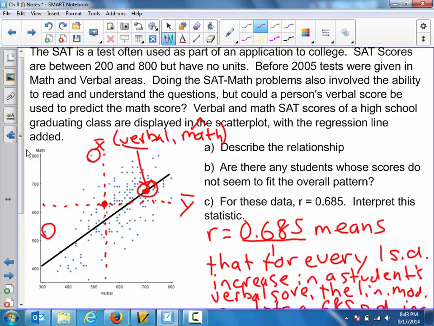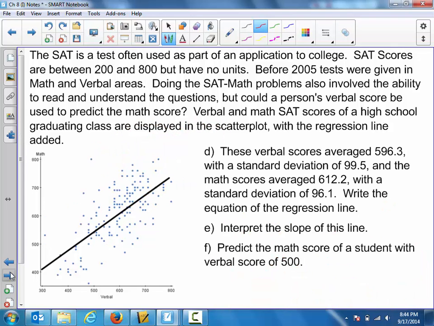So notice that every time I've been checking out these points on the line, we're using the explanatory variable to predict the response variable here, which makes sense. That's why we took so much time and paid so much attention to explanatory and response, because in this case with the linear model you're using x variable to predict y variable.